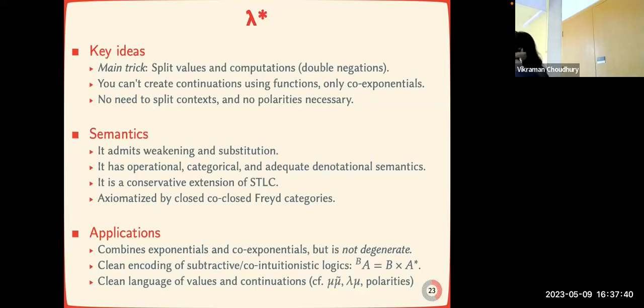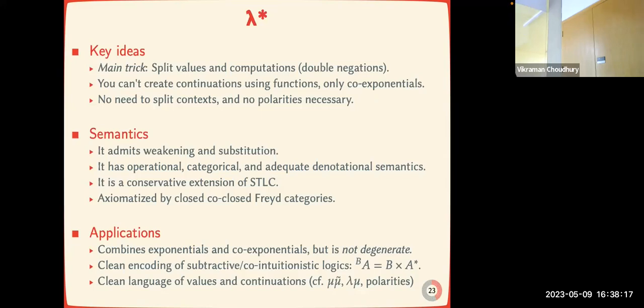But the main difference is here I never split values and computations. Values and continuations all live in the same context, and I never allow you to create continuations except using these co-exponential operators. Similar to the whole program of polarized linear logic, which also does similar things, but you add polarities to the types, and all the metatheory has to be done in two different ways for positive and negative types. So this is how it compares to the other languages.